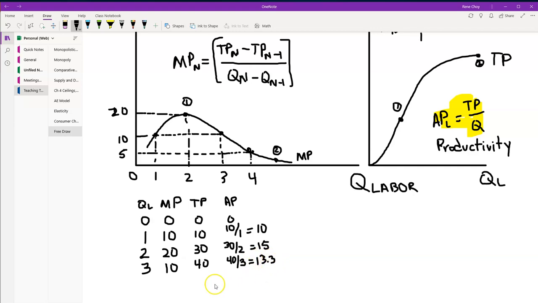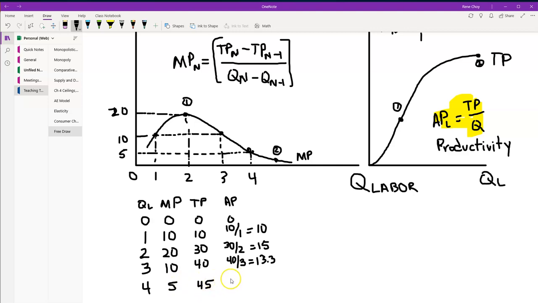All right, now if I hire my fourth worker, marginal product in this case will be 5. So the fourth worker gives me a 5 product or 5 output. My total product will be 45.